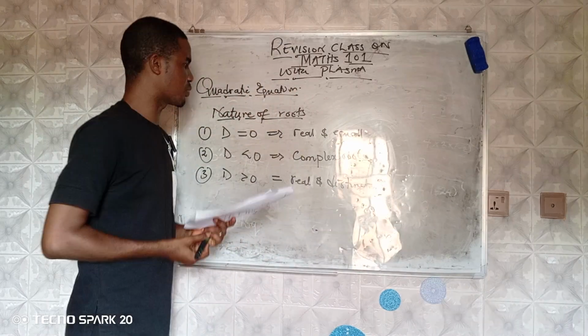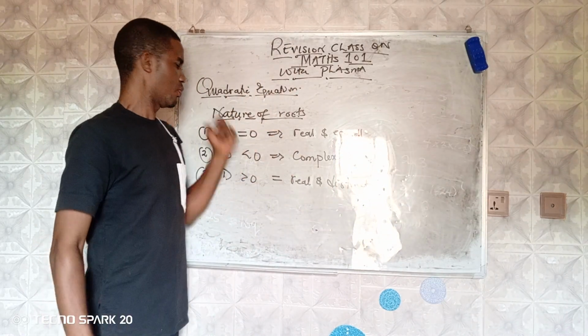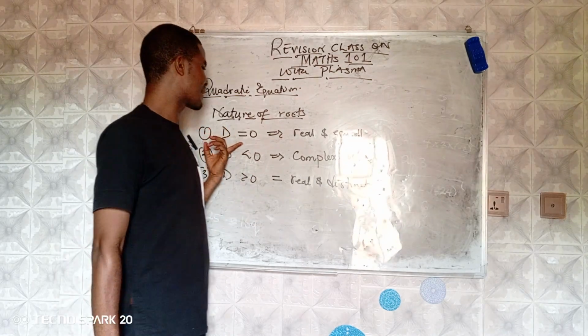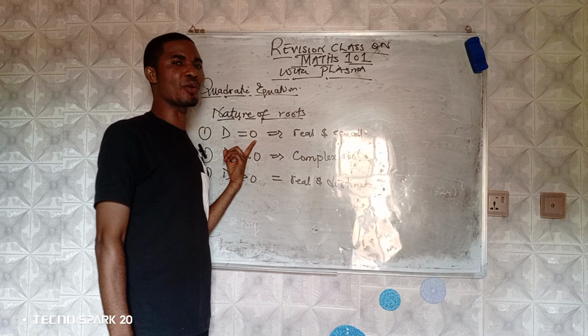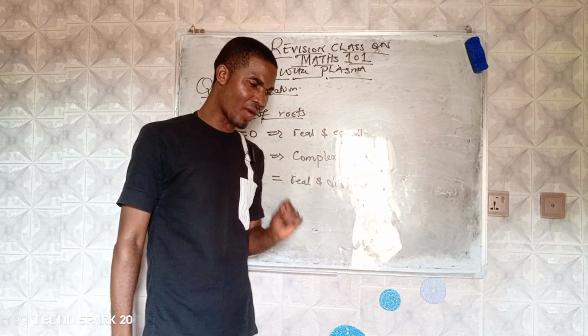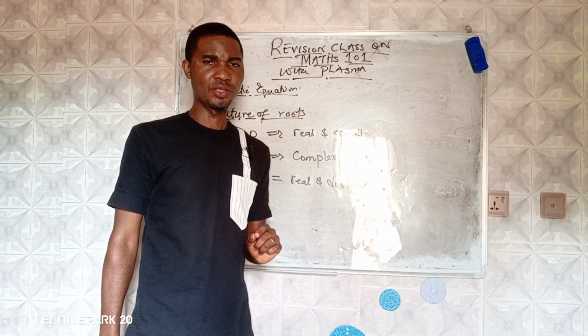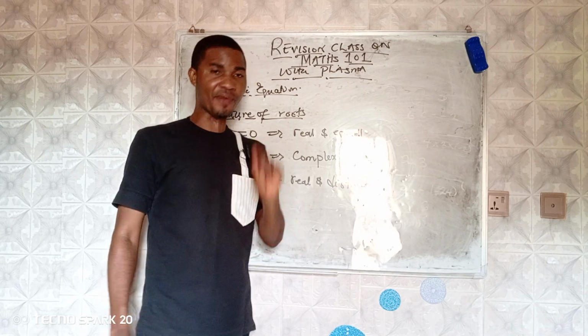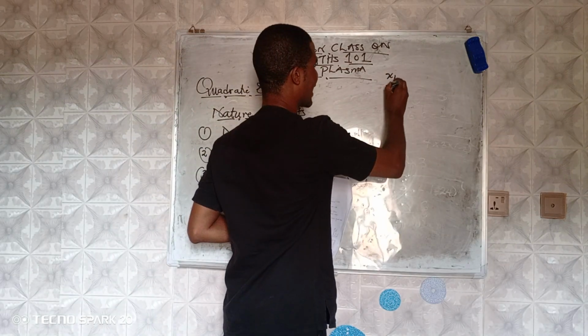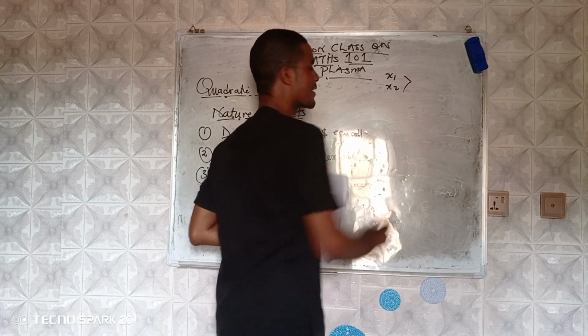Let me explain what we mean here. When you find the discriminant of a quadratic equation and the value of D is equal to 0, it tells you that if you factorize it, the values of x1 and x2 will be the same.